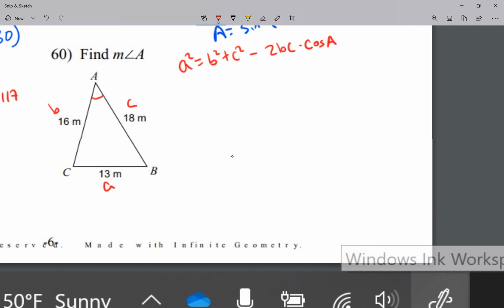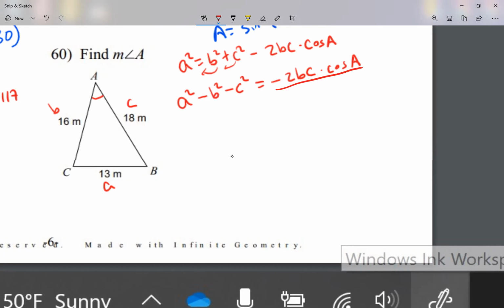Ooh, this is going to be a little challenging. So I'm just going to move this over. Let me play with this formula first. A squared minus b squared minus c squared is equal to negative 2bc times cosine of a.